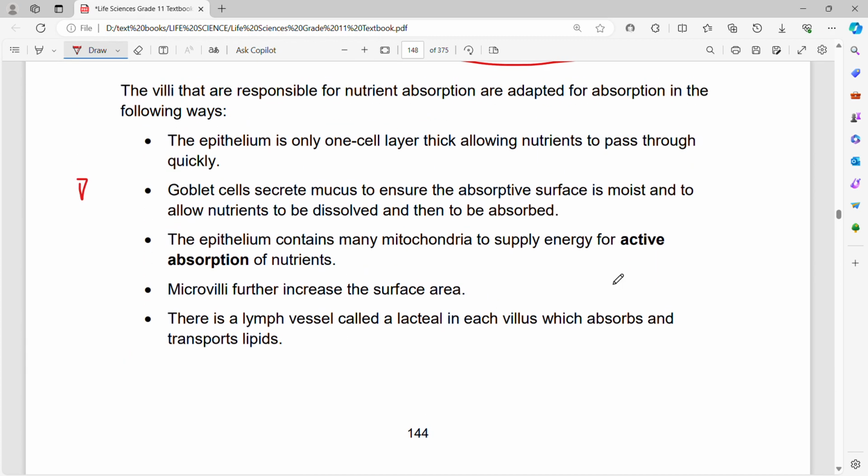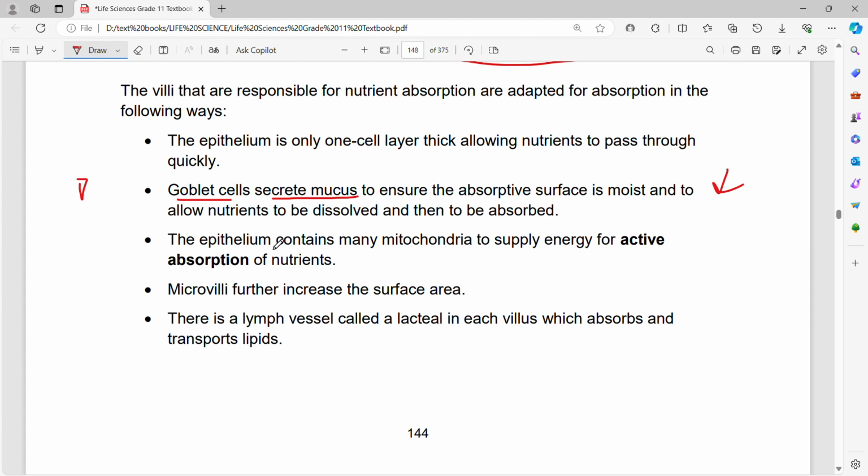Then goblet cells secrete mucus to ensure the absorptive surface is moist and to allow nutrients to be dissolved and then absorbed. So you can say that goblet cells secrete mucus, which makes the epithelium cell surface slippery. So all the nutrients will slip inside and be absorbed.